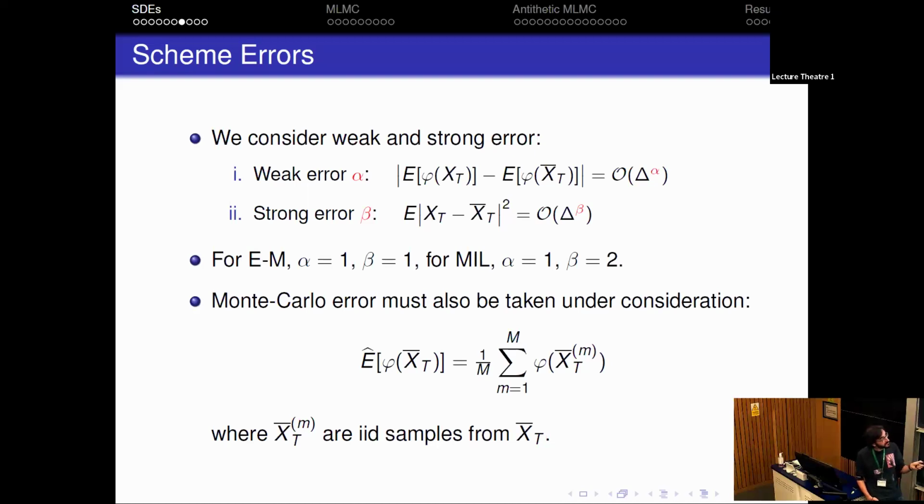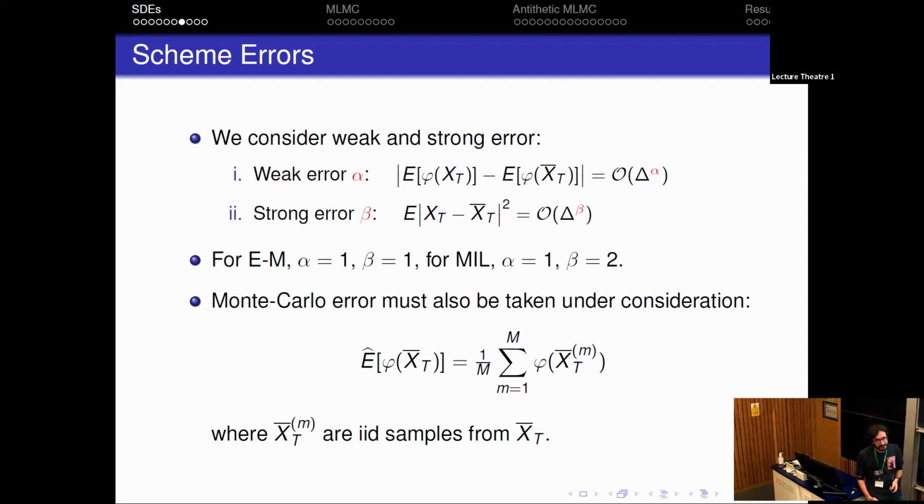Just to make a comment here, if you compare this definition of the strong error with a standard book like Kloeden and Platen, here I'm referring already to the square of the error, so it's a little bit non-standard. In Kloeden and Platen, for instance, they would refer to the square root of this thing as being equal to something.